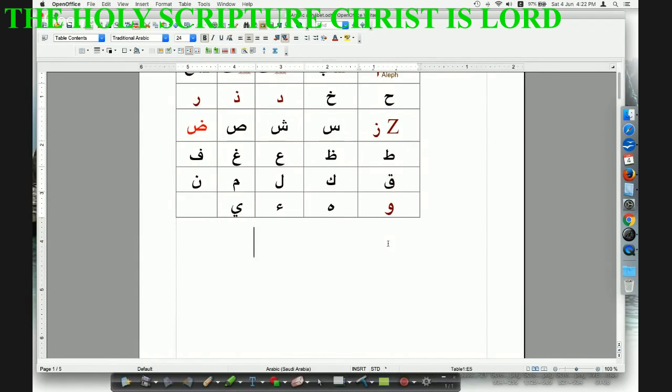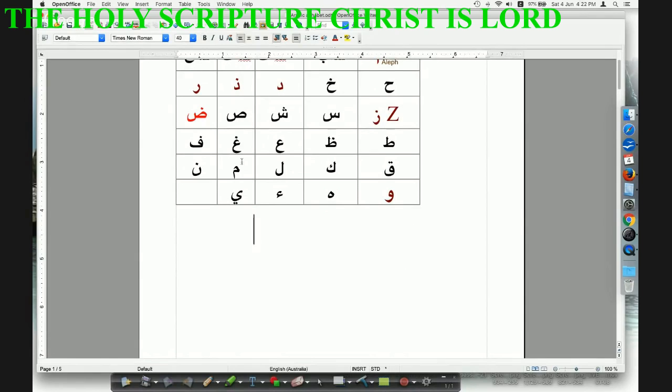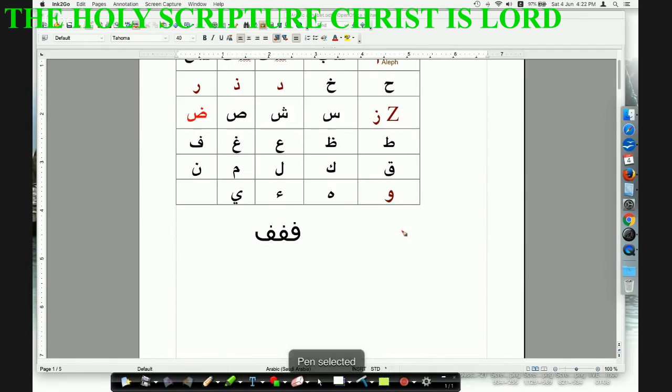A little different. So if I write here, fa in the beginning, fa in the middle, and fa at the end. As usual, the letter at the end goes back to original, remember, right? Always the letter at the end goes back to original. So fa at the beginning, fa at the end, nothing really new, nothing changed. The same rule we learned for others goes for this letter too. So this is fa in the beginning, and this is fa in the middle, and this is fa at the end.